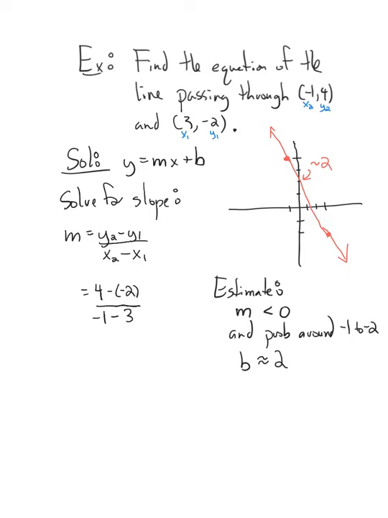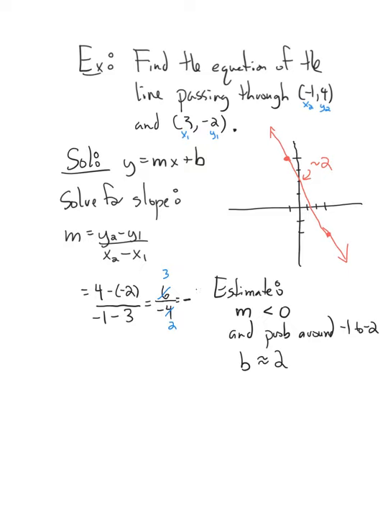So we simplify this. 4 minus a minus 2 is 4 plus 2, which is 6. And minus 1 minus 3 is minus 4. We have a positive divided by a negative, so our answer is going to be negative. And we can simplify this fraction. 6 divided by 4 has a common factor of 2. 6 divided by 2 is 3, and 4 divided by 2 is 2.